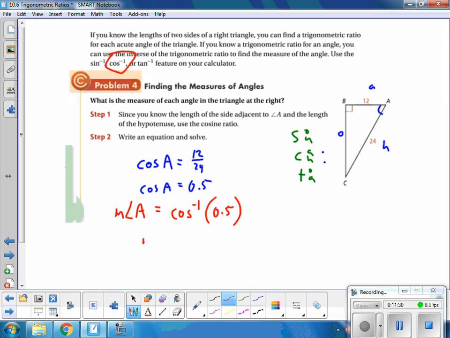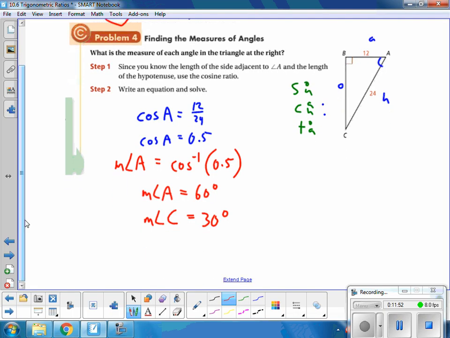And I'm going to see that the measurement of angle A is 60 degrees. It uses the table but the opposite direction. So if A is 60 degrees, that means the measurement of angle C has to be 30 degrees, because 30, 60, 90 gives me my 180 that I'm looking for.